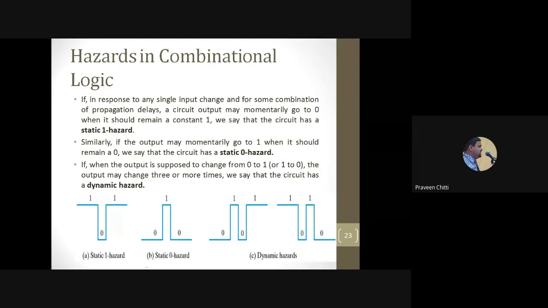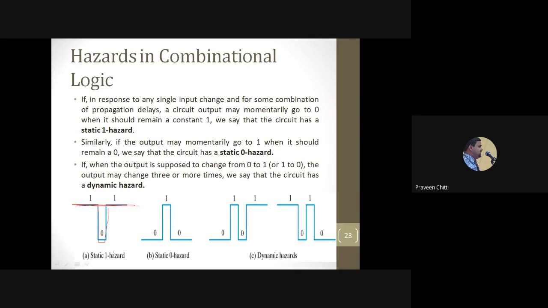Such hazards are called static hazards, and they are of two types: static 0 hazard and static 1 hazard. What do you mean by static 1 hazard? The output is supposed to remain 1 throughout, but because of glitches and delays, momentarily the output goes to 0.